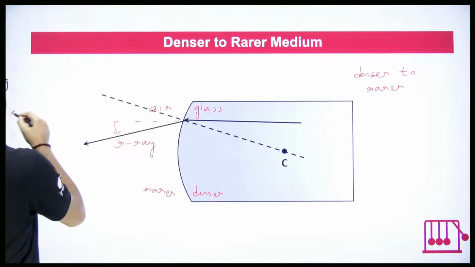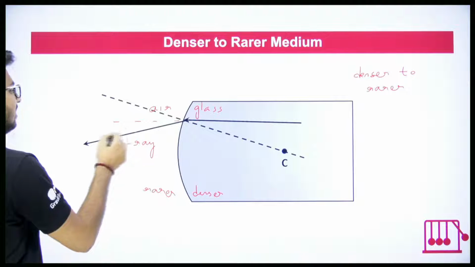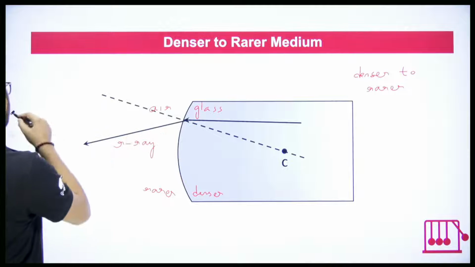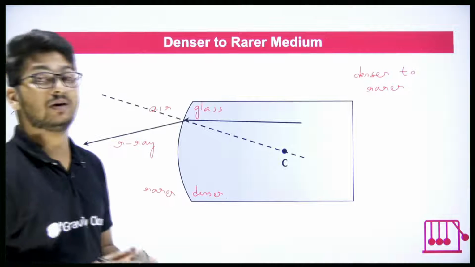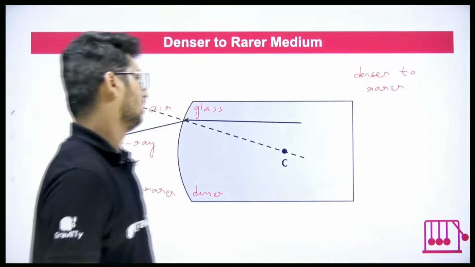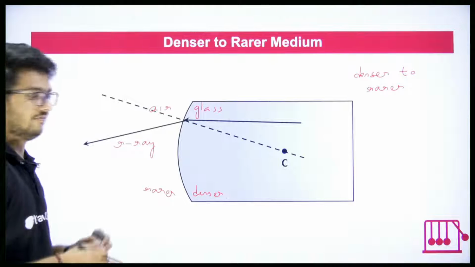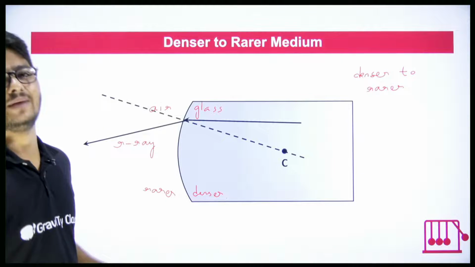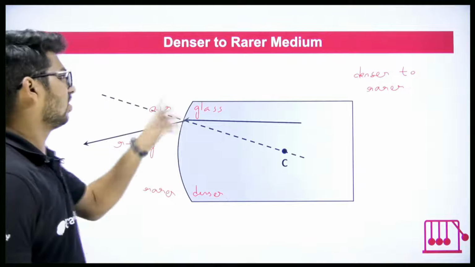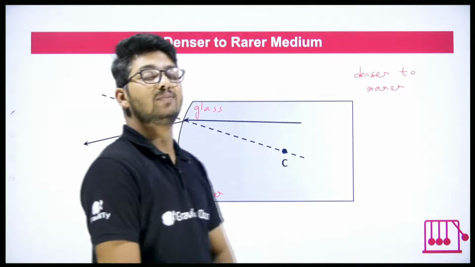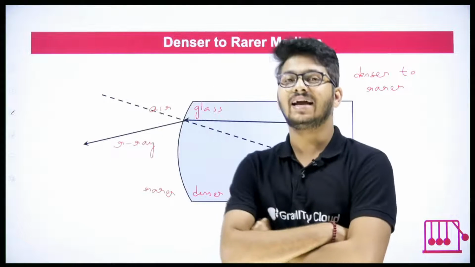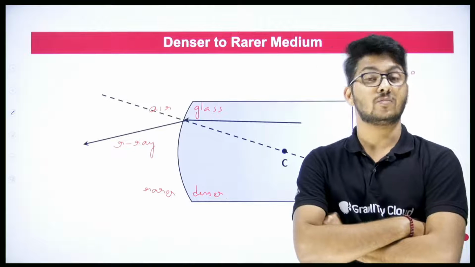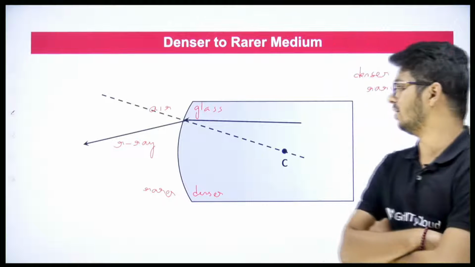Okay. So case to case you have to be careful. The steps are very simple, but we have to be careful about case to case. And here, if I ask you, which is medium 1 in this case, air or glass? Think about it.